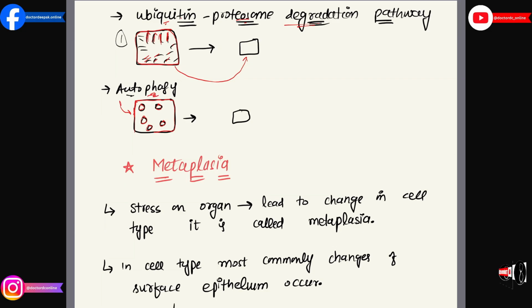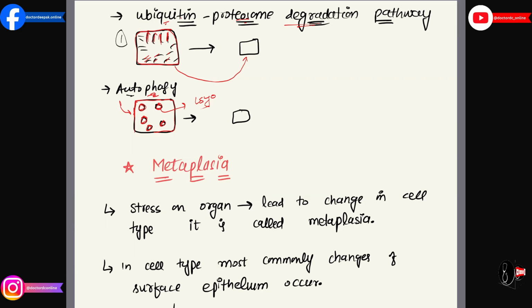How will autophagy work for this cell? Whenever that cell is going to decrease its size, it will start making small vesicles inside, and these vesicles will go into the lysosomes. Again, lysosomes are organelles which contain destructive enzymes.